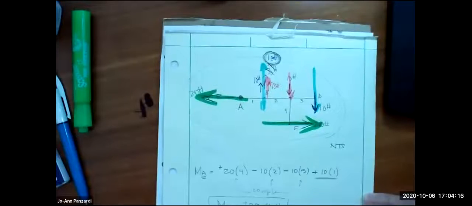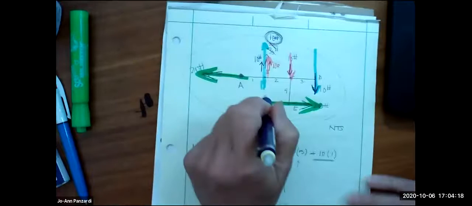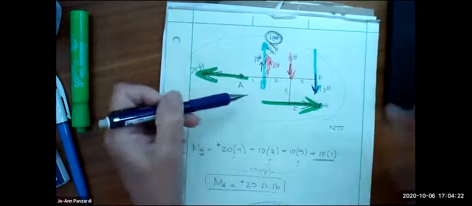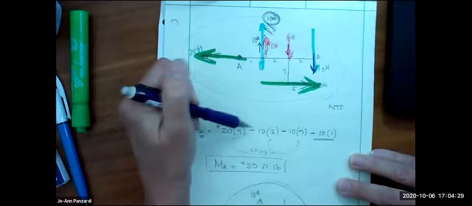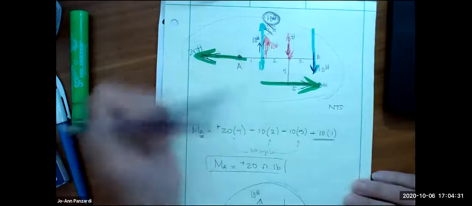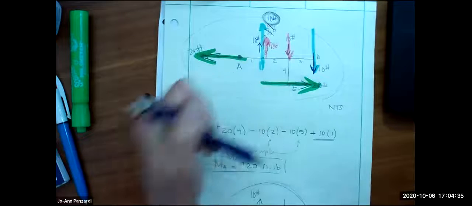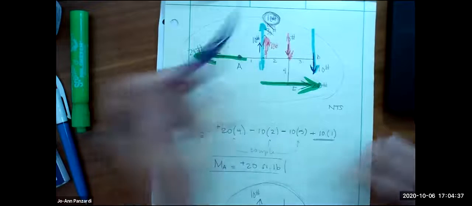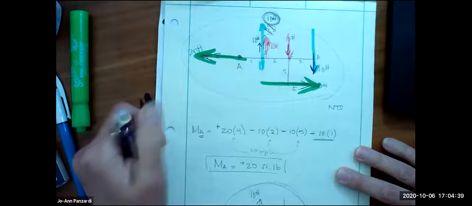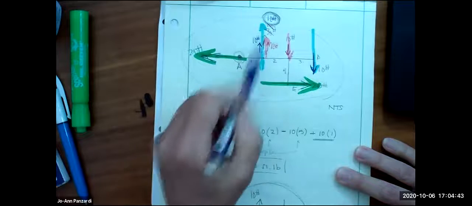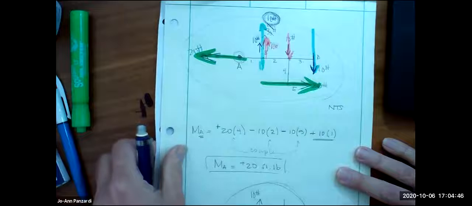That's exactly correct. So you look at this problem, you look at the first couple, it's 20, you multiply it by 4, it's positive. You look at the pink forces, the pink couple, it's 10 times 2, negative. You look at the blue couple, it's 10 times 5, negative. And then you have this lone force that you have to deal with. And since you're trying to find the moment about point A, you have to multiply 10 by the perpendicular distance to A.